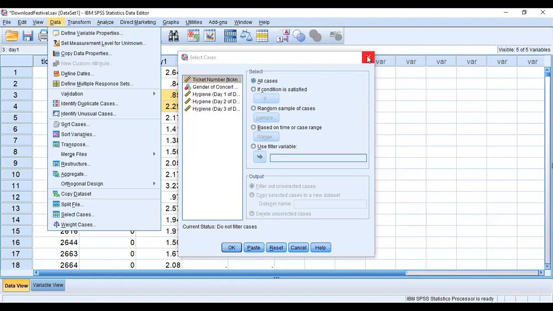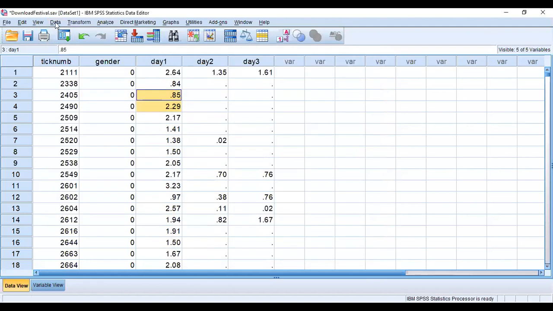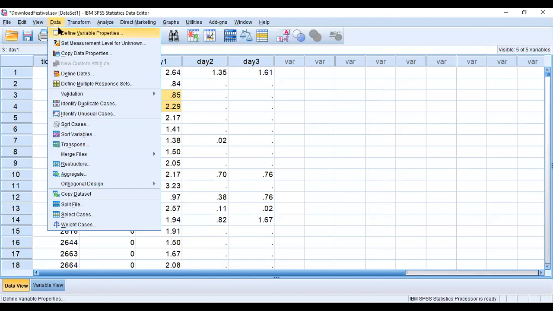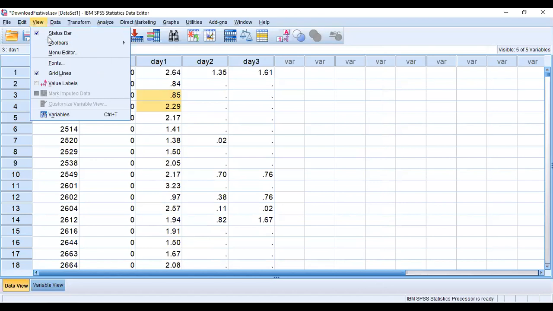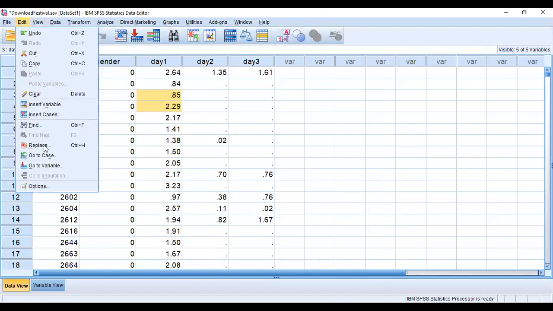So I am identifying the data. Go to case. I think it is under Edit. So we go to Edit and Go to Case.